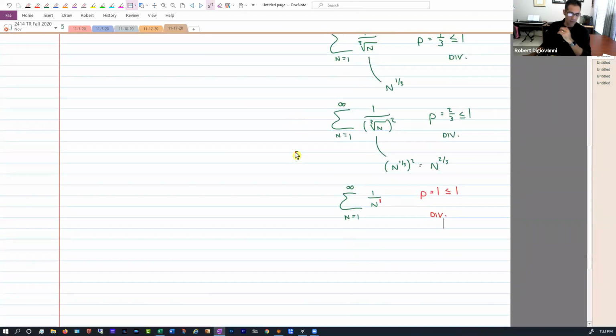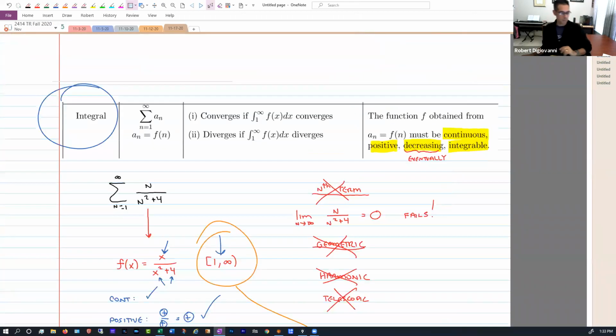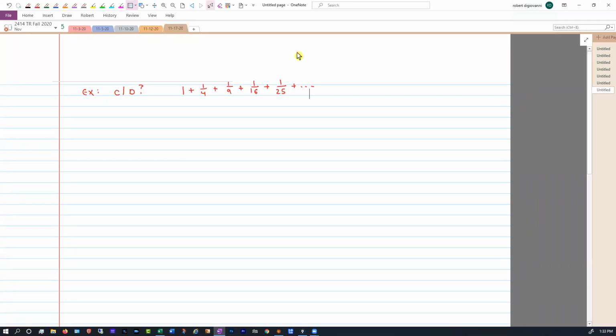Okay, how about this example? Converge or diverge? 1 plus a 4th plus a 9th plus a 16th plus a 25th plus dot, dot, dot. I think that diverges.